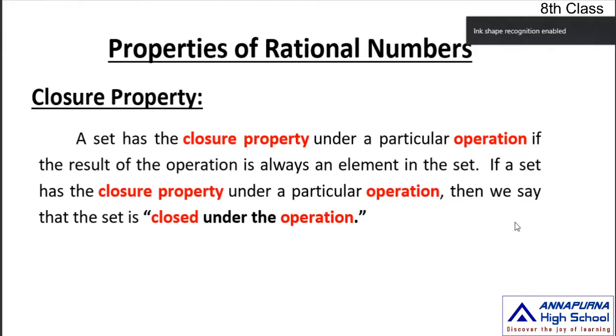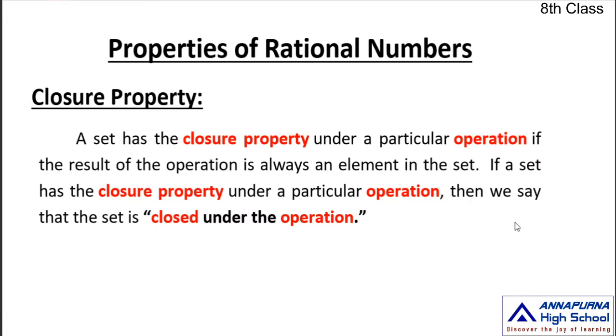Before verifying the properties of rational numbers, first we discuss the mathematical conditions involved in those properties. The first property is closure property. So what is closure property? Read this paragraph.